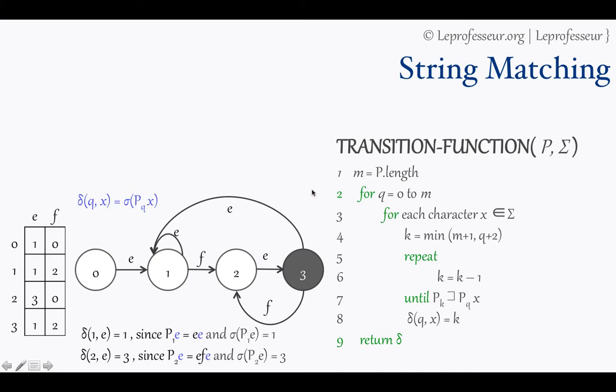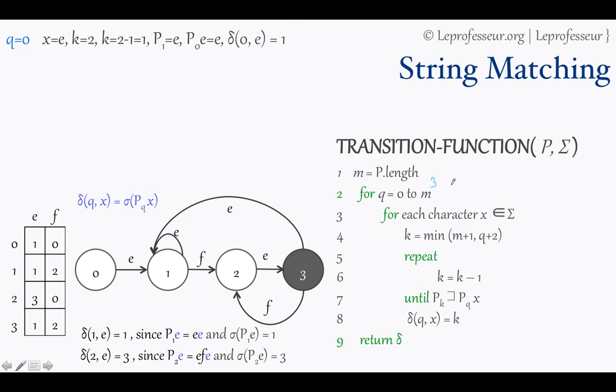So the algorithm starts with q equal to 0. When q equals 0, and if the input character x is e, then your k would be the minimum of m plus 1, where m is 3.